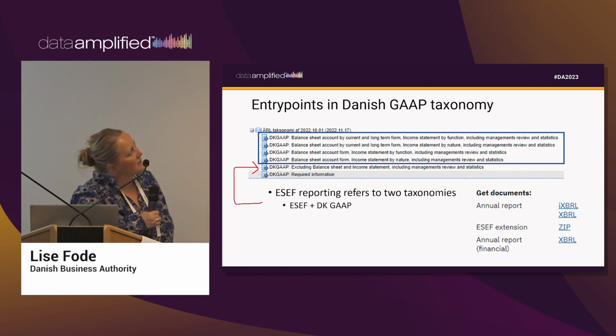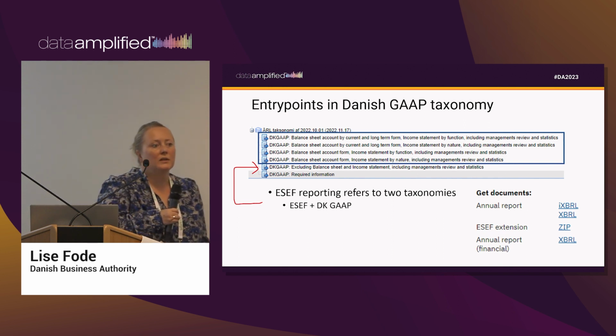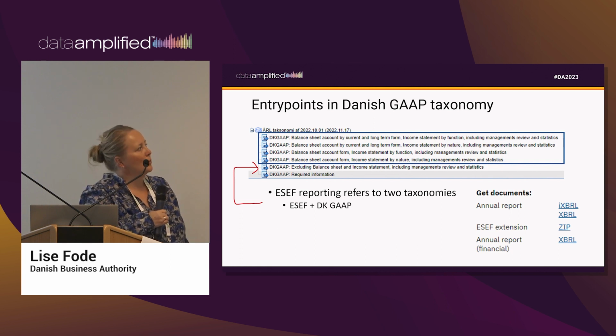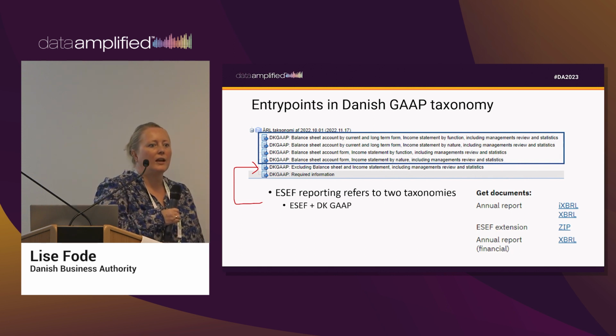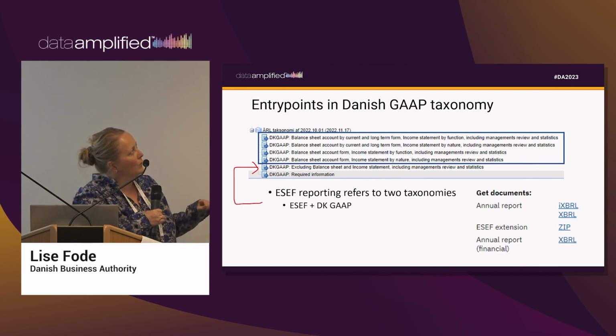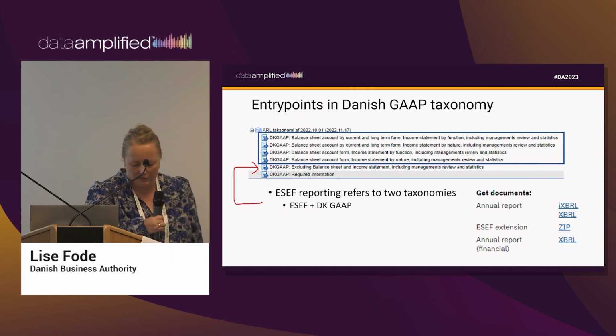So we have made this entry point because, beside all the financial information in the ESEF taxonomy, we are also very interested in the non-financial information. So before CSRD, we have actually had a lot of non-financial information being reported in this entry point.